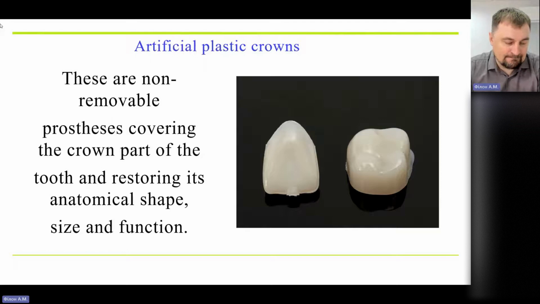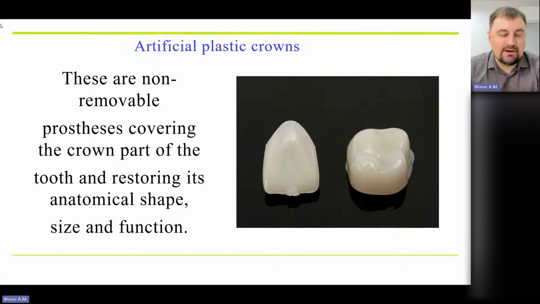But this is not the only method, and plastic temporary crowns can be used when, for example, you're doing endo treatments to prepare teeth for metalloceramic crowns, porcelain crowns, or zirconium crowns also.